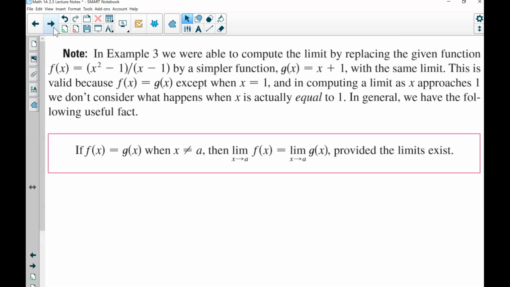And in computing a limit as x approaches 1, we don't consider what happens when x is actually equal to 1. So in general, we have the following useful fact. If the function f of x is equal to g of x when x does not equal a, then the limit as x approaches a of f of x equals the limit as x approaches a of g of x, provided that the limits exist.